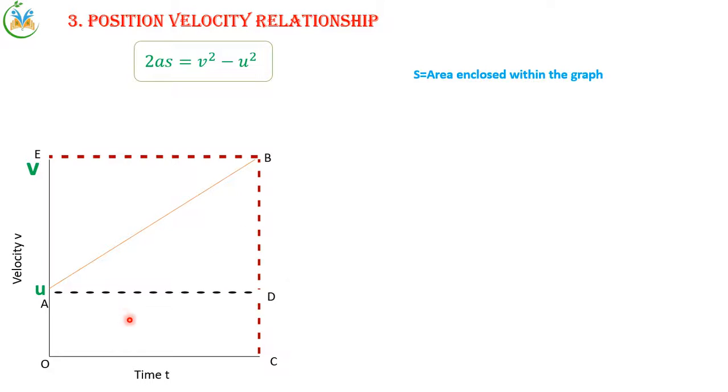The same thing I have to calculate in this section also, but there is one change. In the previous position time relationship equation, we took this area by adding these two areas, rectangle and triangle, but in this position velocity relationship we are not going to calculate rectangular and triangular area. We are going to calculate the total area, which is OABC.